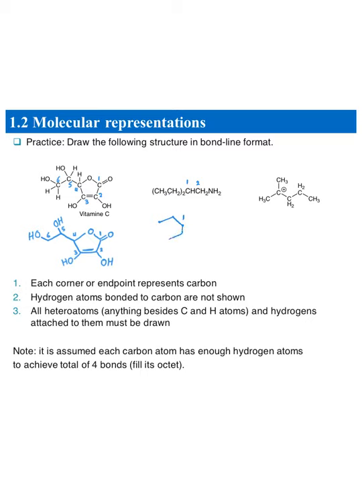So see, CH3CH2 on carbon number 1, CH3CH2 on carbon number 1, and then carbon number 1 is attached to a hydrogen. We don't show that hydrogen, and then it is attached to carbon number 2. So this is my carbon number 2, and then carbon number 2 is attached to 2 hydrogens. We don't show them, and it is also attached to the nitrogen.